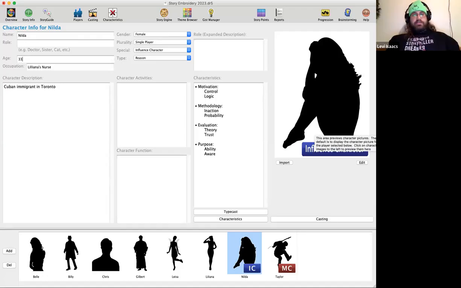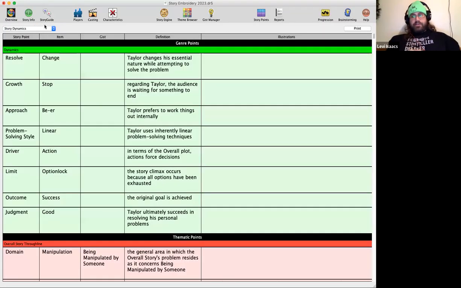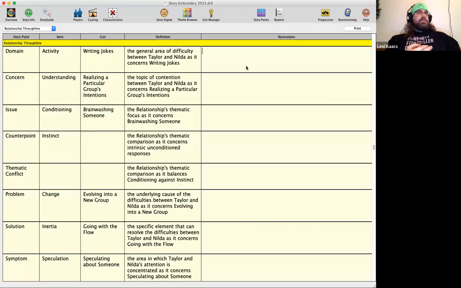Yeah, so I had an idea for the relationship through line of writing jokes. Part of the story might be dealing with the Liliana character's upcoming death.